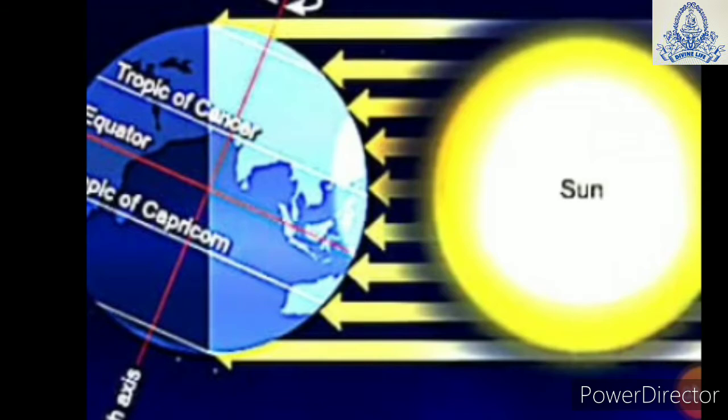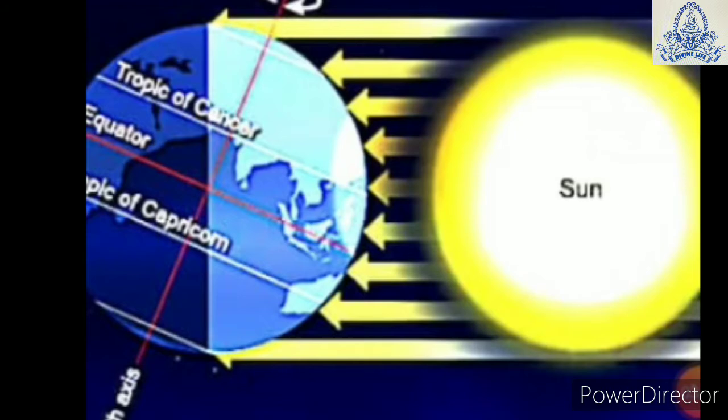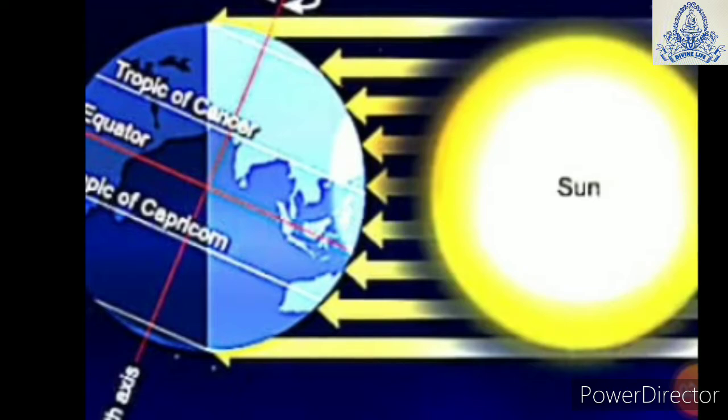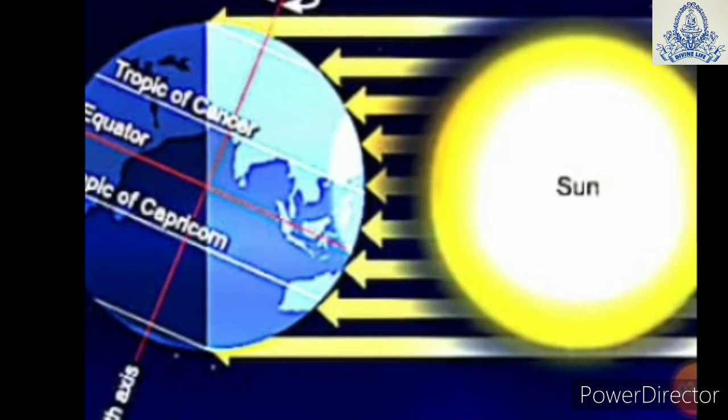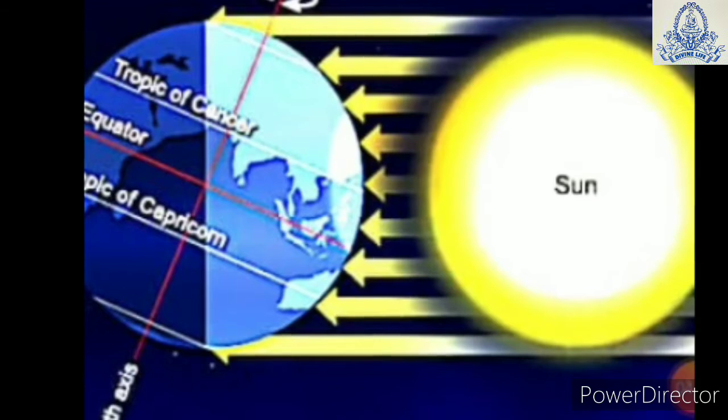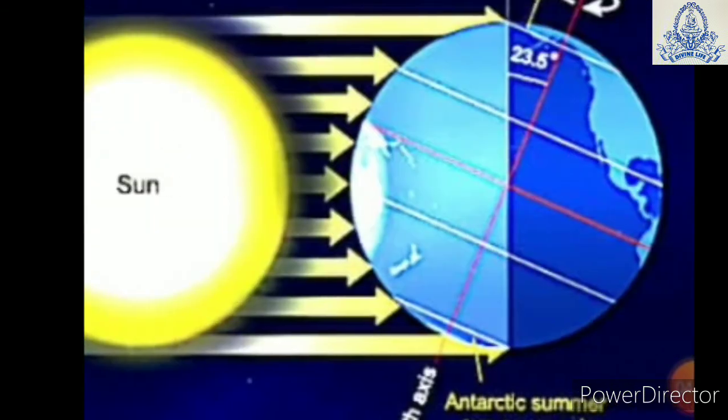So here we can understand in this picture that the northern hemisphere is getting more sunlight, that means in the northern hemisphere the day is long, but at the same time the southern hemisphere day is short, because the southern hemisphere is not getting that much light. Vice versa, in the southern hemisphere the night will be long, and the northern hemisphere night will be short. The same, in the opposite picture, we can see the southern hemisphere is tilted towards the sun.